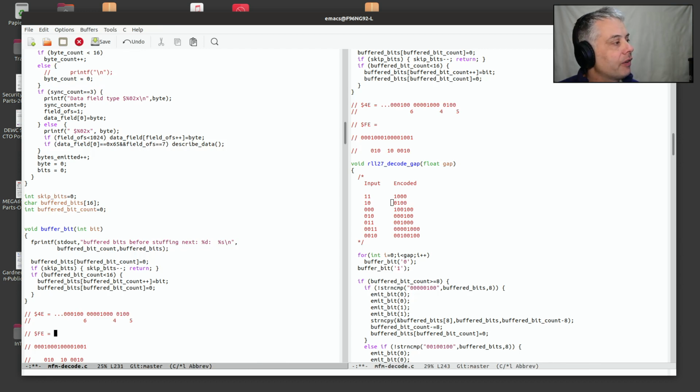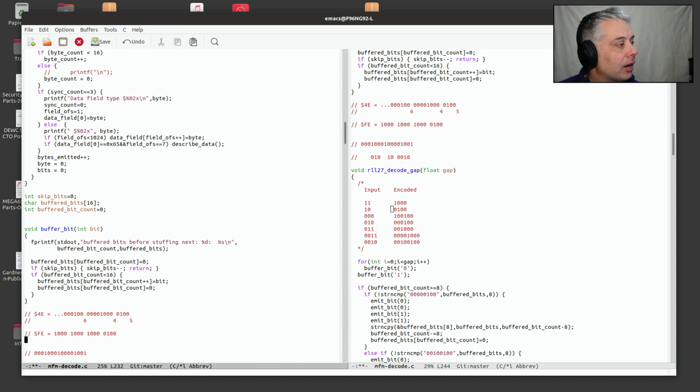So an FE is going to look like... Now this is assuming that it starts in phase, right? Because again, it could look different. And then E is going to be 01, 100. So it could look like that. Or if there was already a bit consumed at the front.